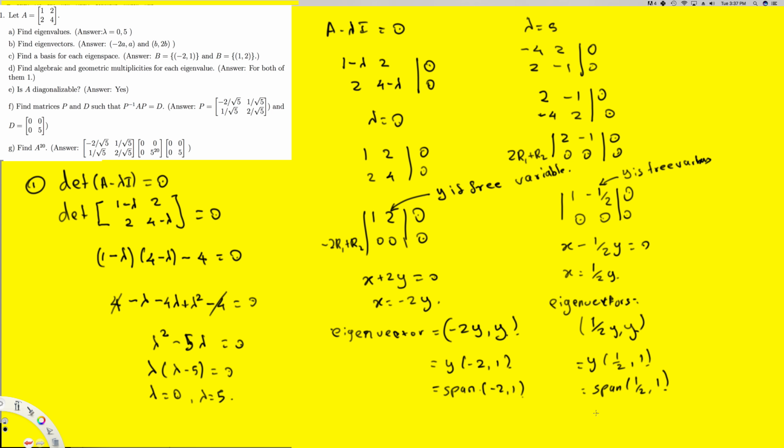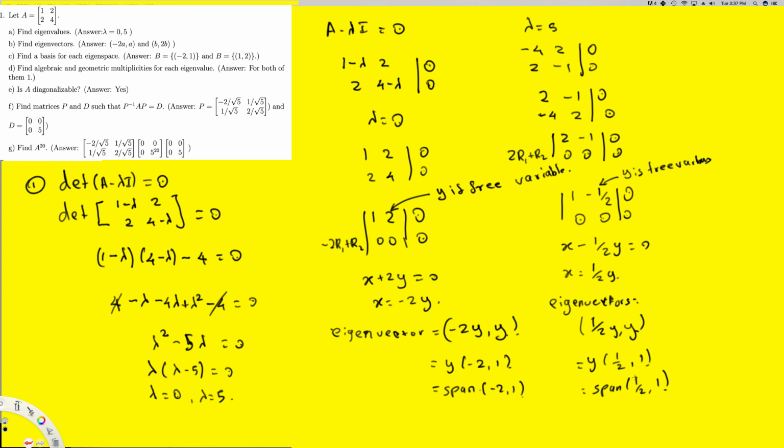And also I can write this eigenvector as 1, 2, because for an eigenvector like this, in a span you can write any multiple, and if I take 1, 2, it makes the next questions much easier to calculate other things. So I take the span of 1, 2. So that's the eigenvector for the second one.